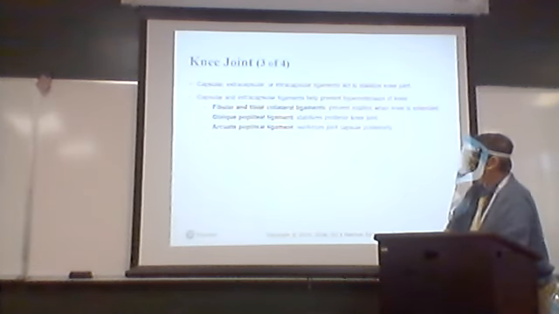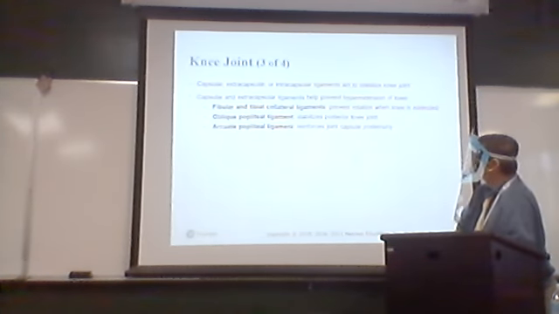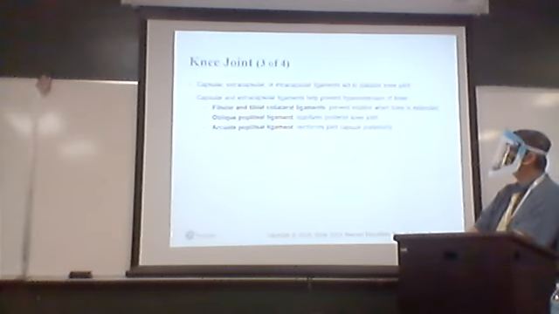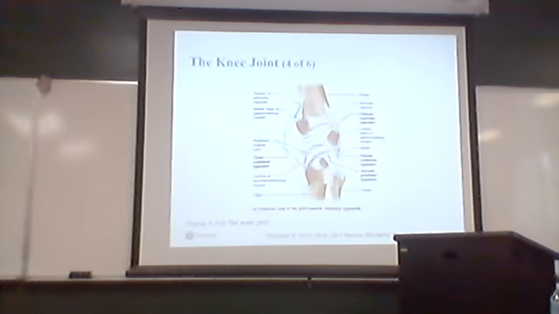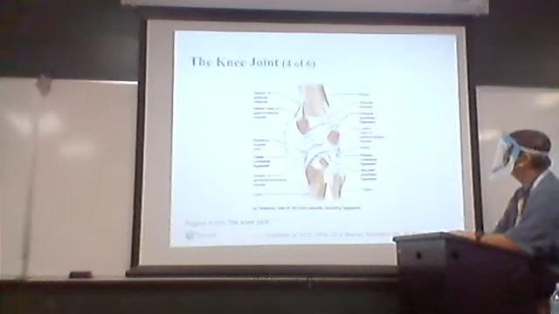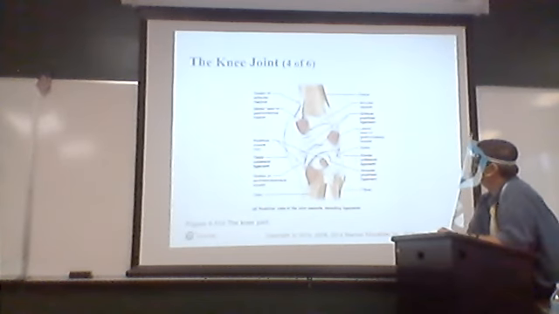So oblique and arcuate popliteal ligaments. The oblique stabilizes the joint. The arcuate reinforces the back. All right. And again, the stuff in boldface is what we just talked about.